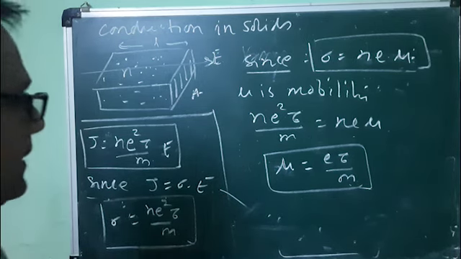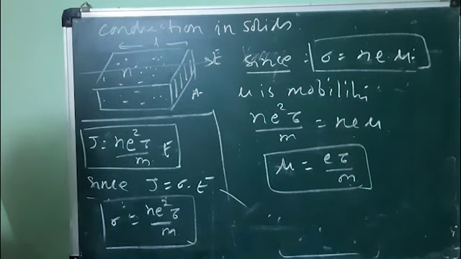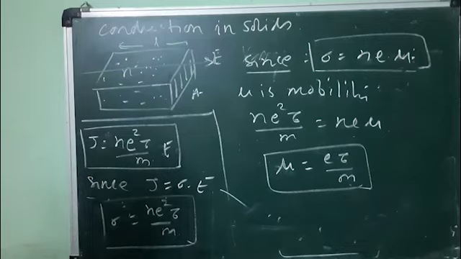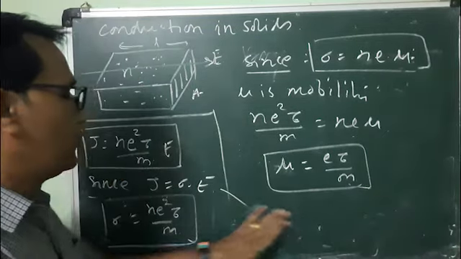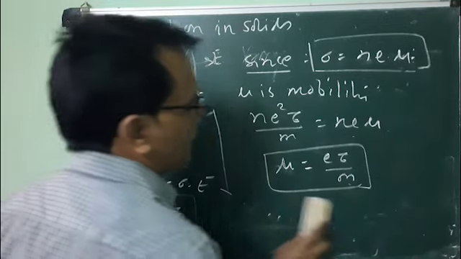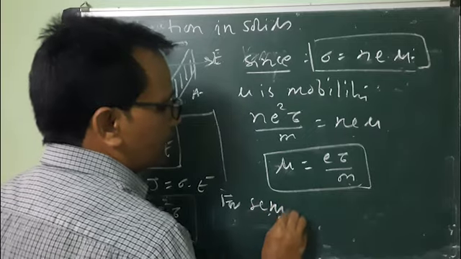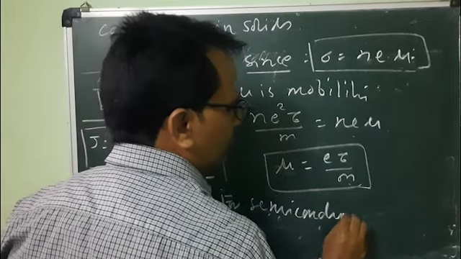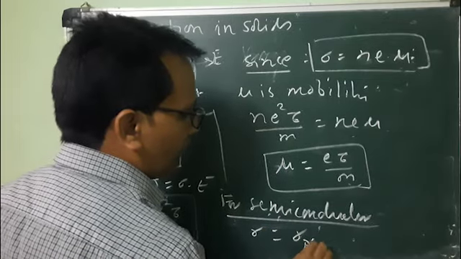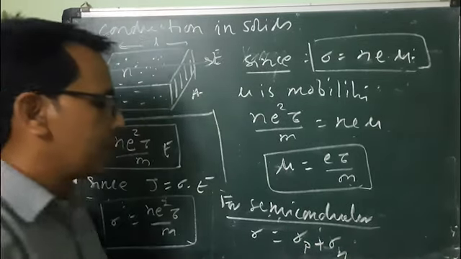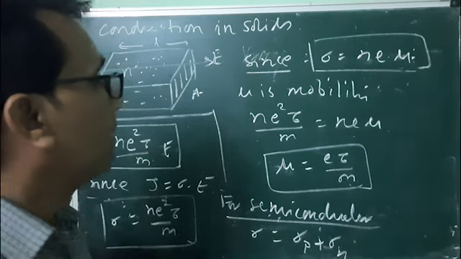Okay, so this is conductivity for metals and solids. If we want to use the same formula for a semiconductor, then we have to use electrons as well as holes. So for a semiconductor, sigma can be written as sigma p plus sigma n. This is conductivity due to holes, and this is conductivity due to electrons.